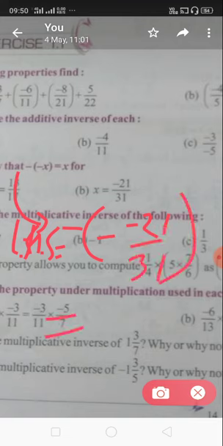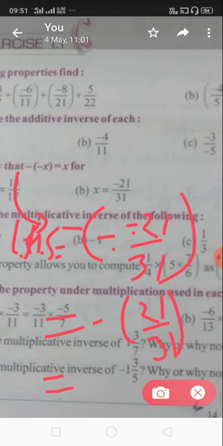You see here, this minus and this minus, there are two minus signs. These two minus cannot be put together. So this minus minus multiplied becomes plus 21 upon 31, and outside is also a minus placed.